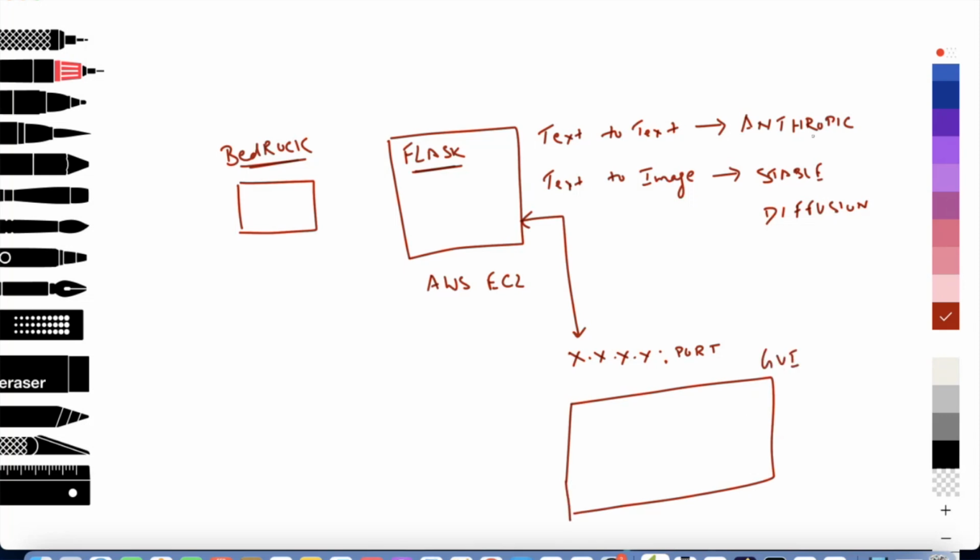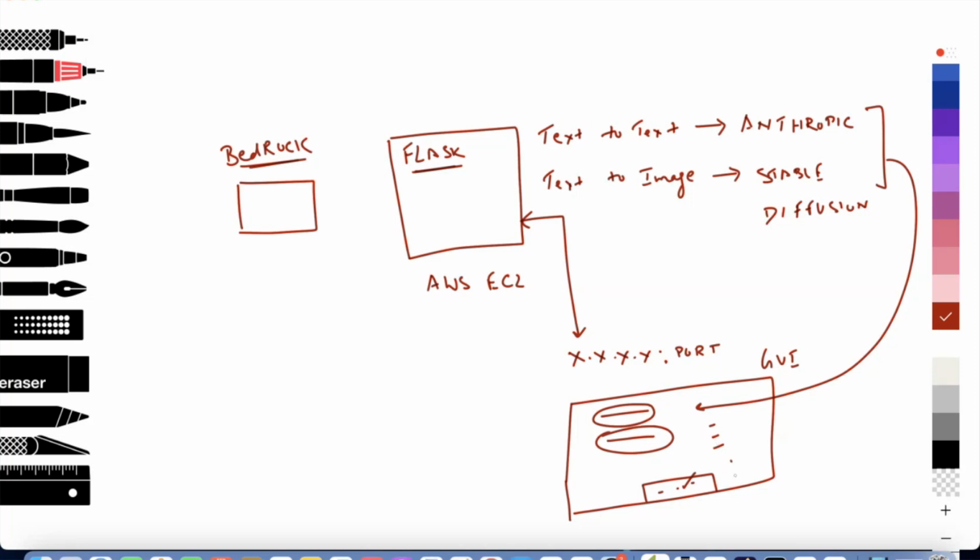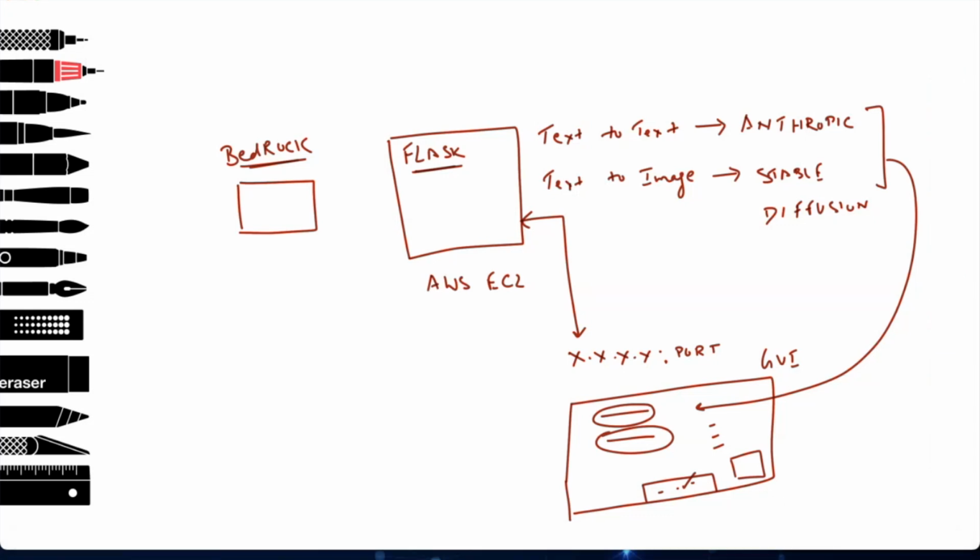Then these two options will be there: text to text and text to image. You select text to text, put in a prompt, and it will generate the output. Then you select text to image, give a prompt, and it will generate an image for us. So this is what we will try to build.